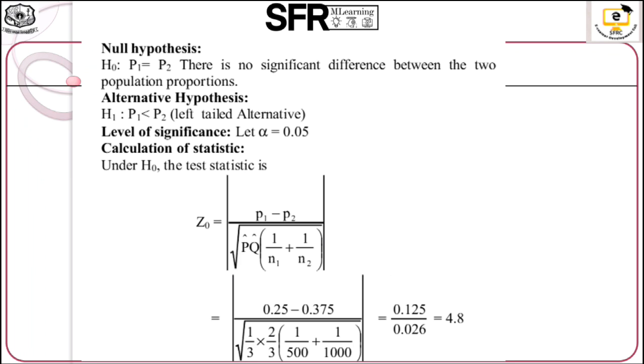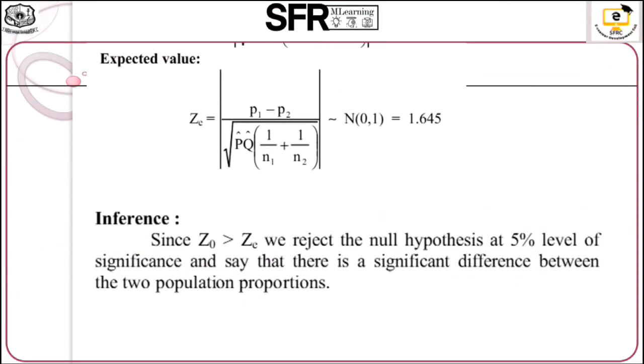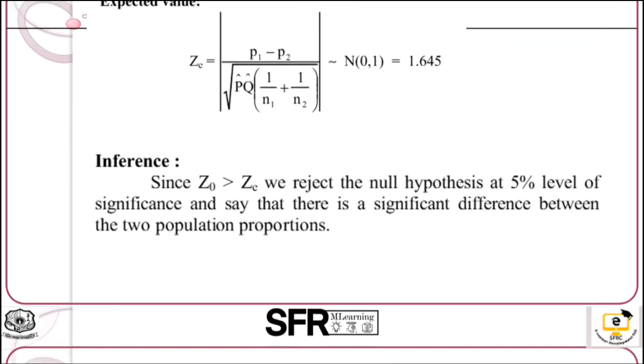First we calculate Z0, next we calculate ZC. Comparing the two values, we get Z0 is greater than ZC. So we reject our null hypothesis at 5% level. That means there is a significant difference between the two given proportions.